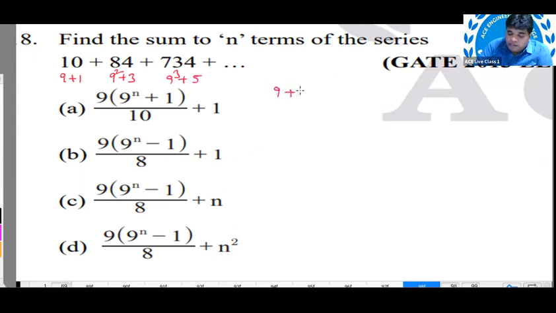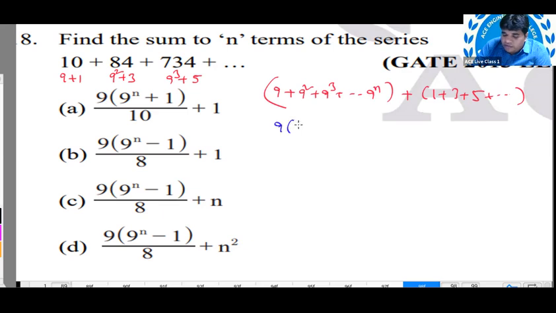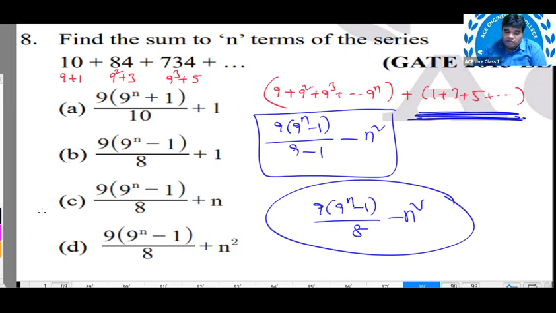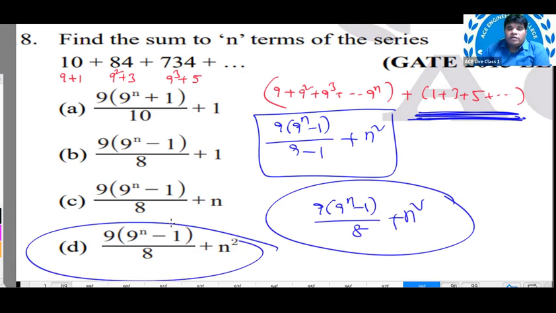Simplify: 9 plus 9 square, 9 cube up to 9 power n, plus 1 plus 3 plus 5, up to n terms. The first term is A, which means 9. 9 power n minus 1 upon 9 minus 1, minus the sum of odd numbers. The sum of odd numbers formula we already know is n square. So 9 into 9 power n minus 1 upon 8 minus n square. Sorry, plus n square. Answer D. Same questions we are giving in the solutions.